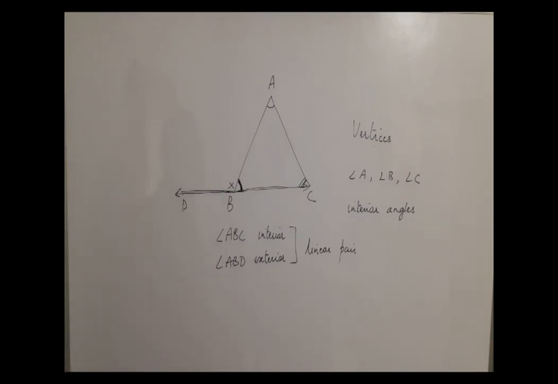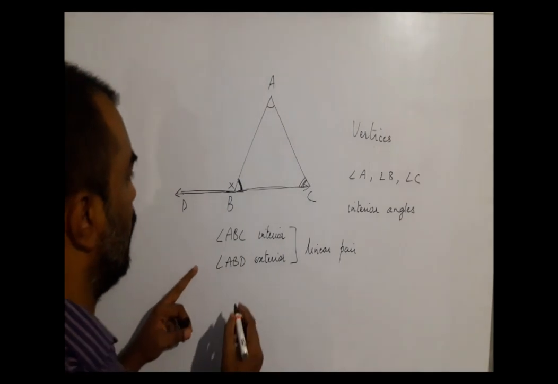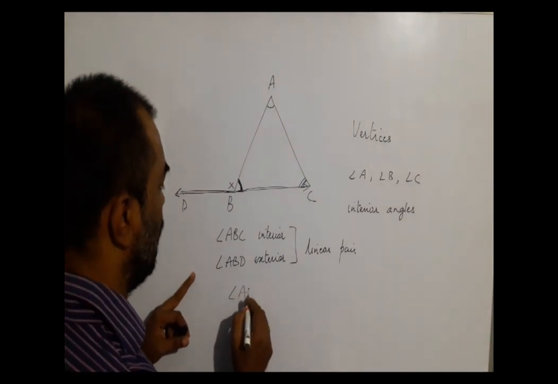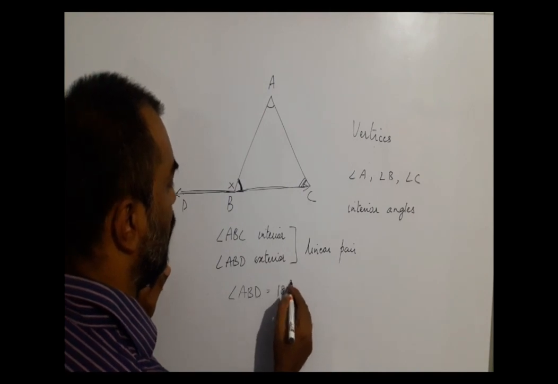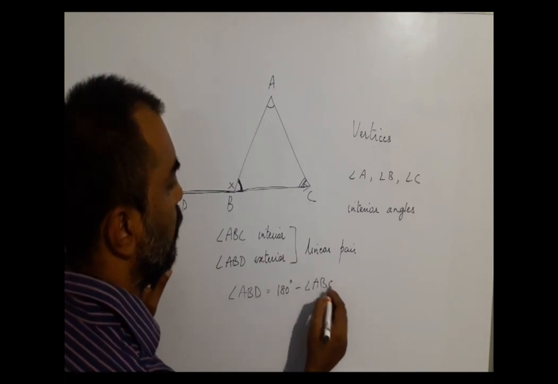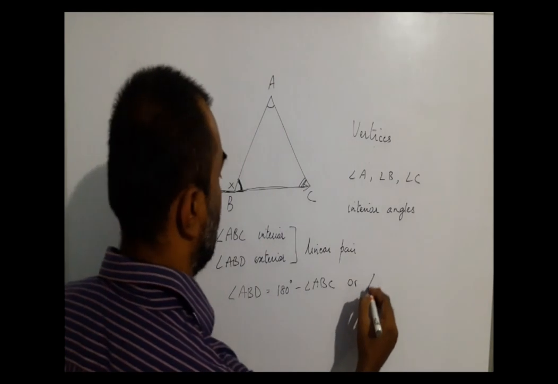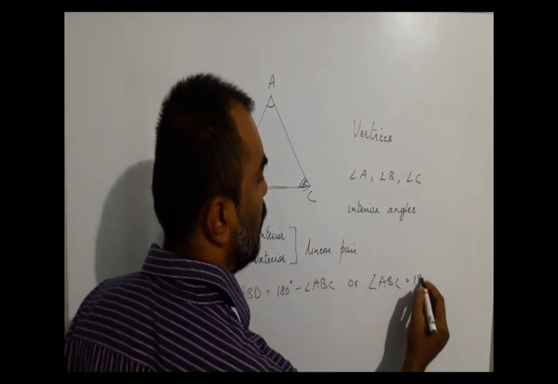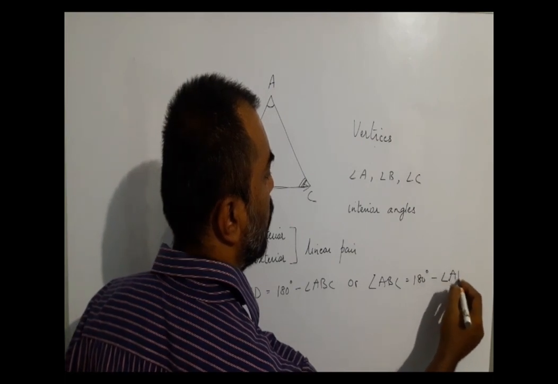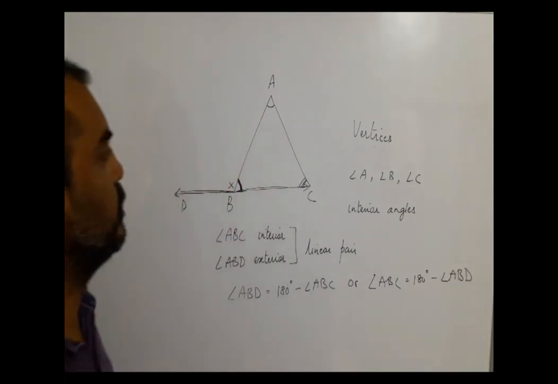Their sum is 180. So angle ABD is equal to 180 minus angle ABC, or the other way around, angle ABC, the interior angle, is 180 minus angle ABD, the exterior.